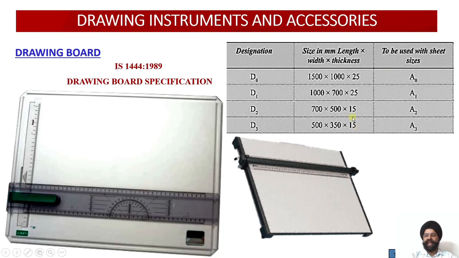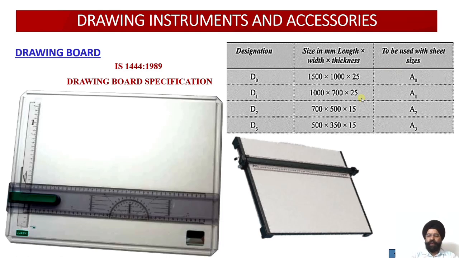So here you can check that for the larger drawing boards, the thickness is higher, whereas for the smaller drawing boards, the thickness is 15 mm. The reason behind this is that the smaller drawing boards need not be that sturdy, whereas for the longer drawing boards, there may be problems regarding warpage or bending. If the thickness is lesser, they may break very easily.